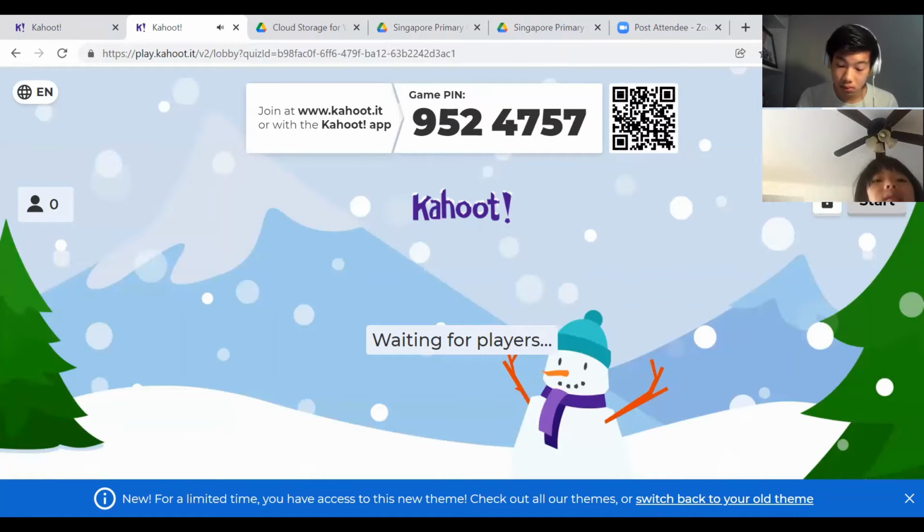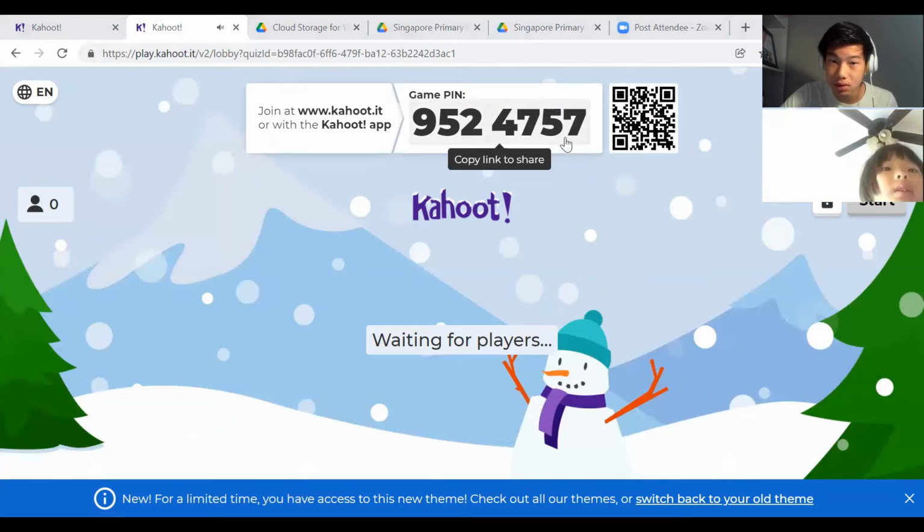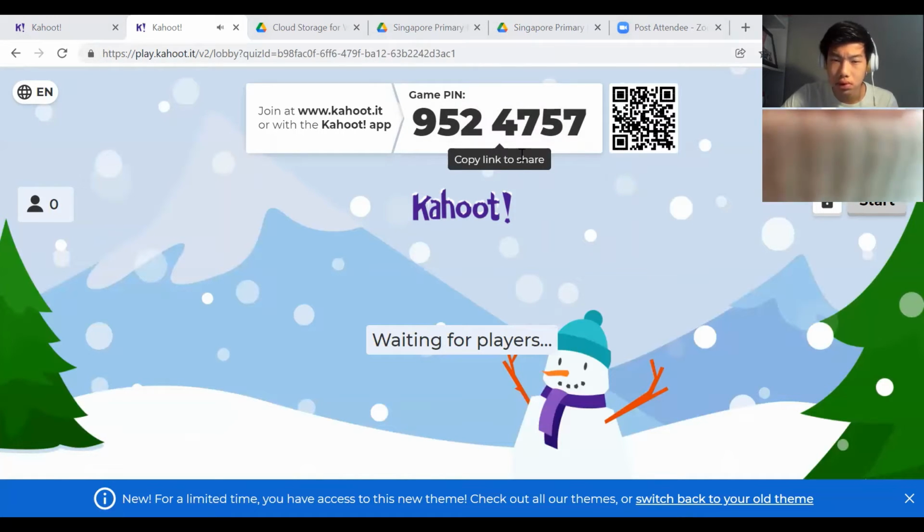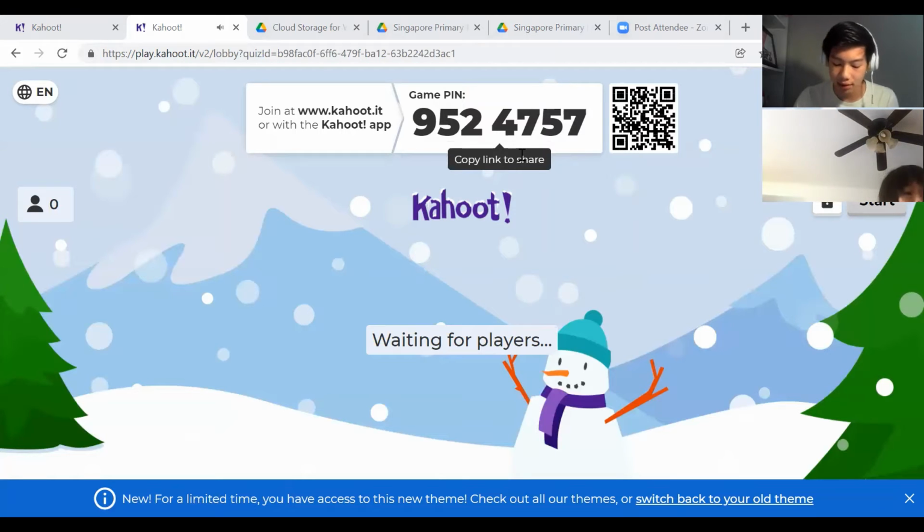The white number pin still won't work. Did you put 9524757? Yeah. What does it say after you entered it?